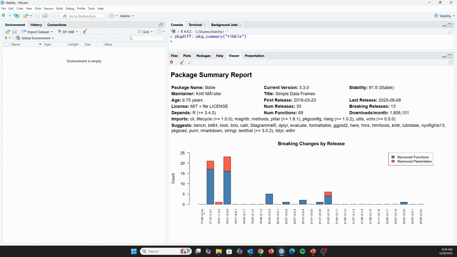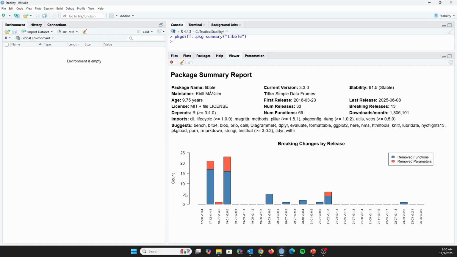And you can see that between this release and the next release, version 1.4.1, in December of 2017, there were about 16 functions removed and maybe another 5 or so parameters removed between those two releases. That means that these removals could potentially break your code if you happen to be using them.